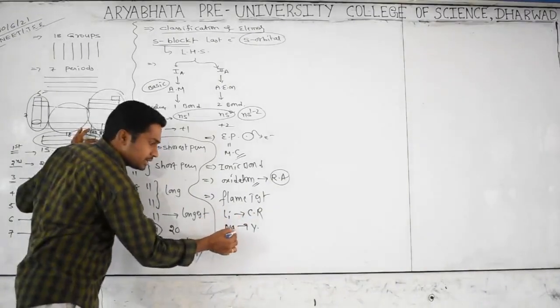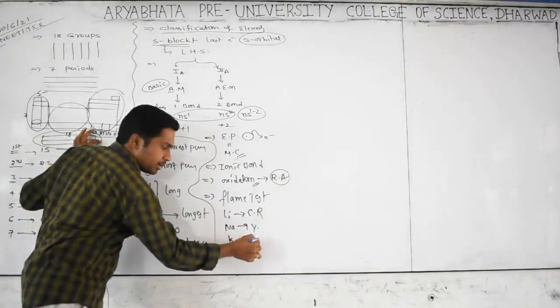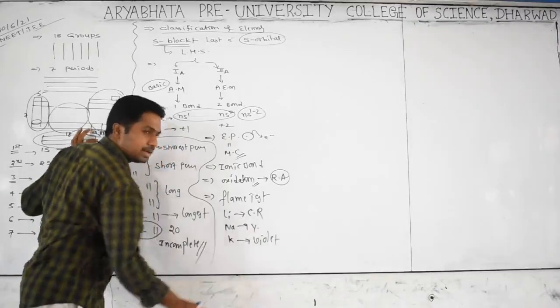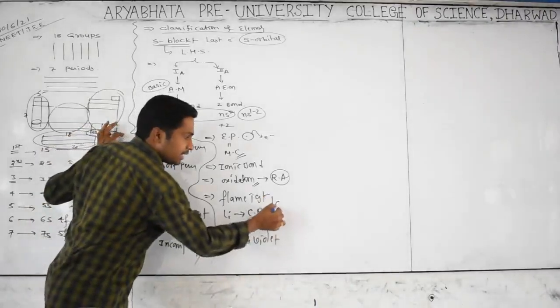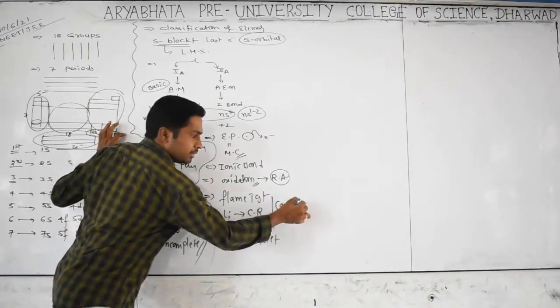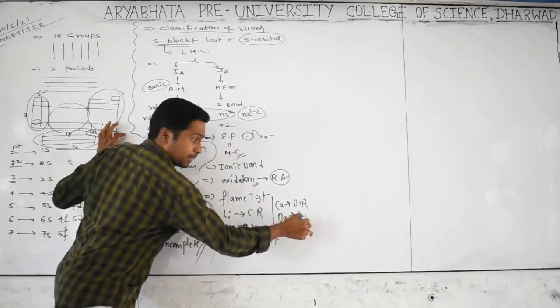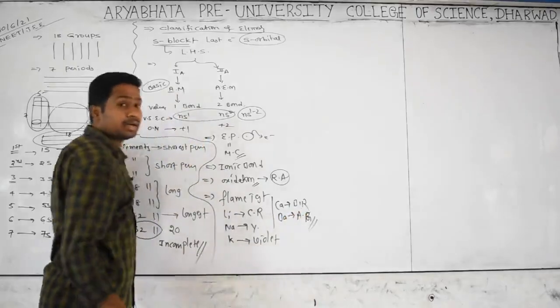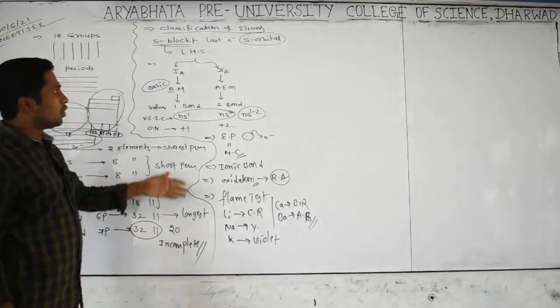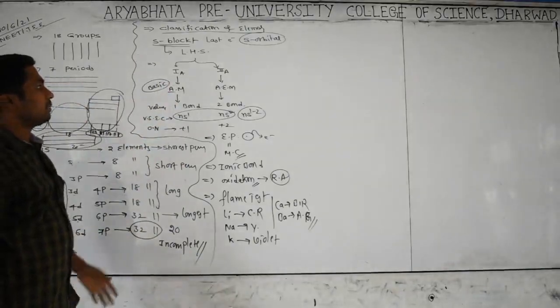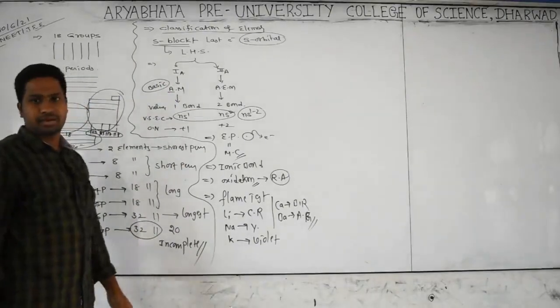If you take potassium, it burns with violet, as you do in the practical. Calcium gives brick red color. And barium gives apple green. All the first A group or s-block elements have this special characteristic, which is a very important thing.